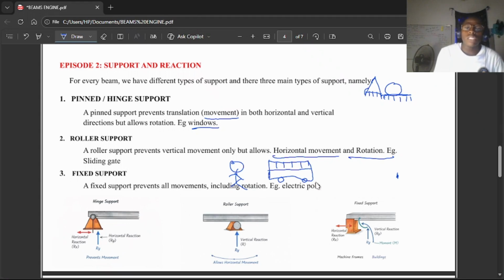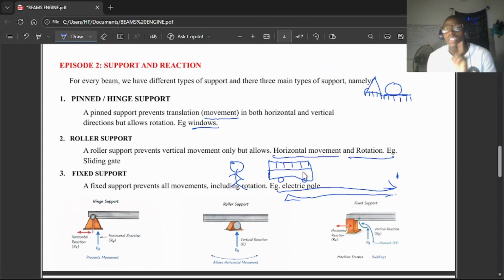When Musa wants to open this gate, Musa rolls the gate to this point, and when Musa wants to close the gate, Musa rolls the gate back to this point. Am I communicating? Please, this is not a motor, this is not a car. I'm just using this as a gate. Don't take this to be a car. So that's our gate, and this is a good example of a roller support.